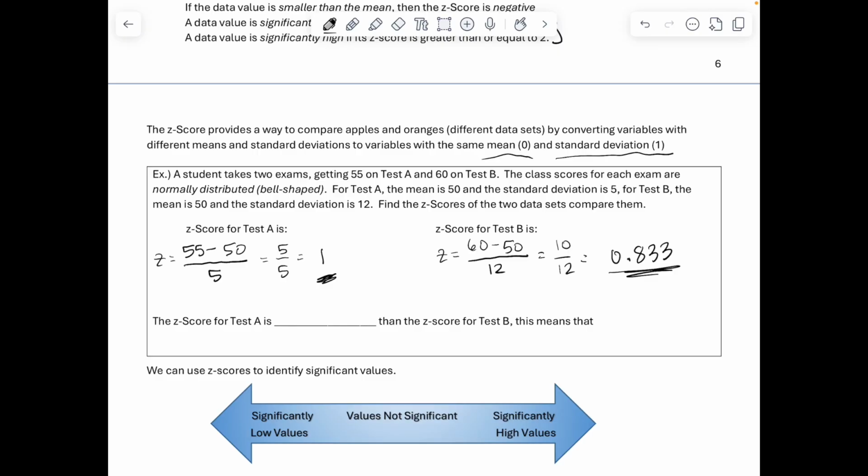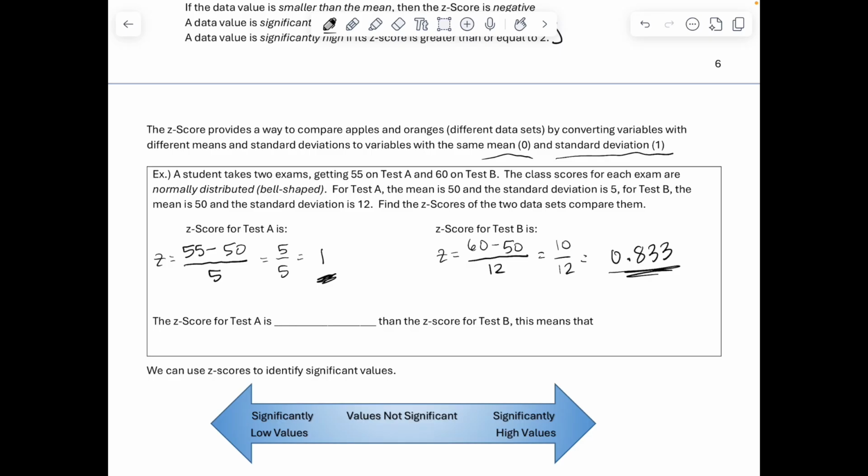Now we can look at these, since the tests were scored out of a different number of points with a different standard deviation. We now have a mean of 0 and a standard deviation of 1 with z-scores, since these are both converted to z.